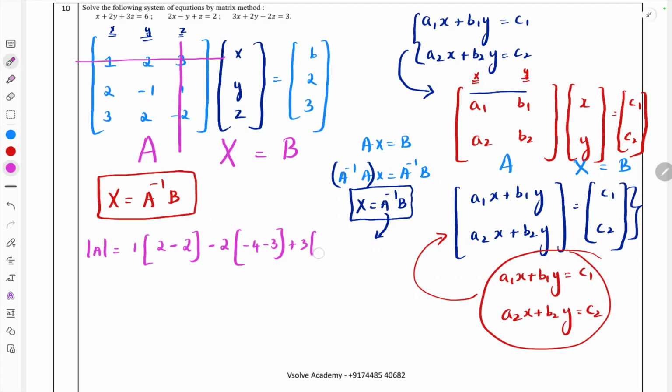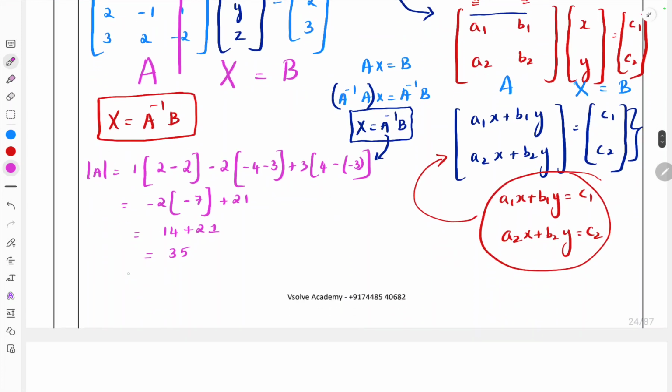So it will be 3 into 2, 2 twos are 4, minus of minus 3. So now it will be 2 minus 2 is 0, so minus 2 into 4 minus 3, which is minus 7, and this is 4 plus 3, 7, 7 threes are 21. So it will be minus 2 into minus 7 is plus 14, 14 plus 21, so it will be 35. So determinant of A is not equal to 0, which means A inverse exists.